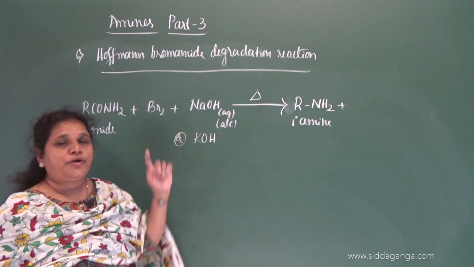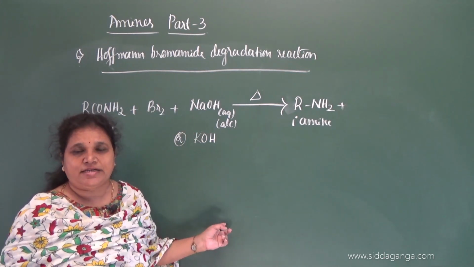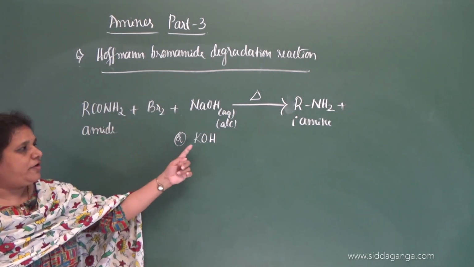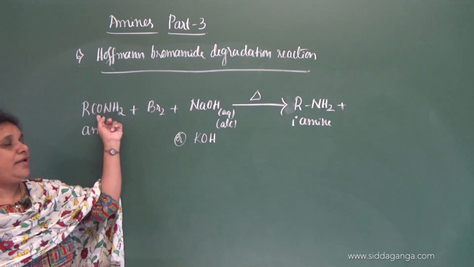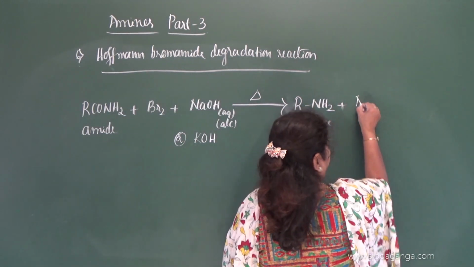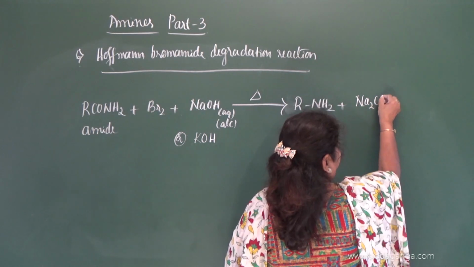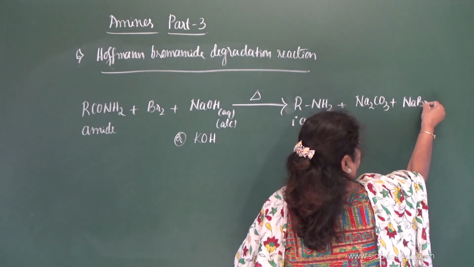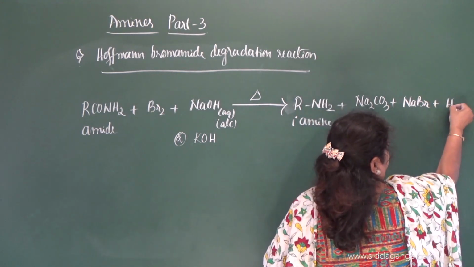If you use sodium hydroxide, the CO group is eliminated in the form of sodium carbonate. If you take potassium hydroxide, it is eliminated in the form of potassium carbonate. Then what you get is Na2CO3 with the formation of NaBr and water.